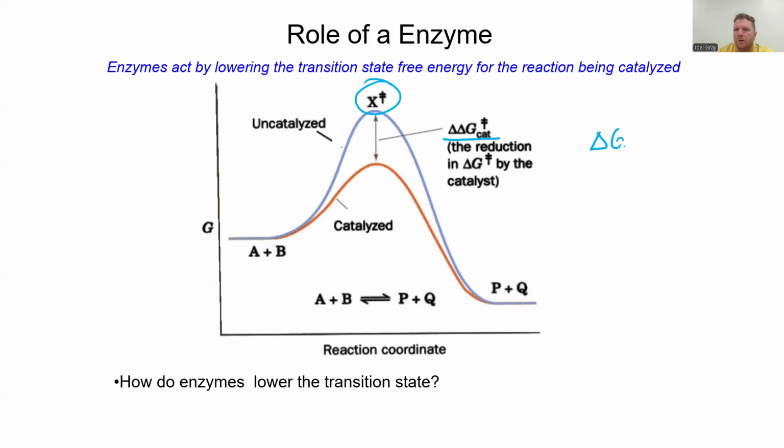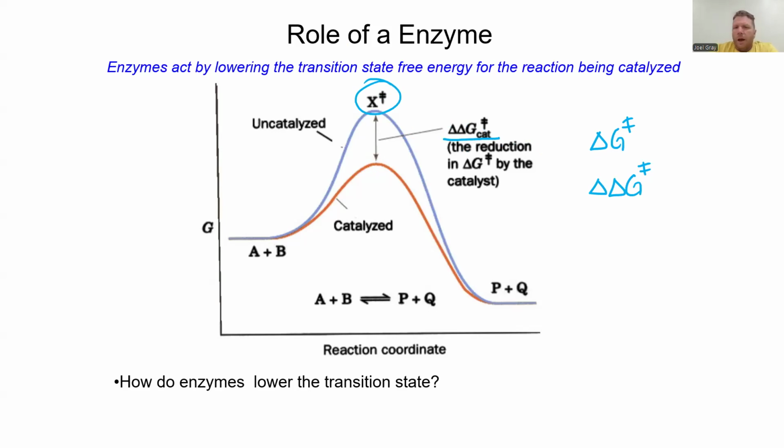So if delta G double dagger is the free energy change that's required to get to your transition state, then delta delta G double dagger is the change of the free energy required to get to that activation state.